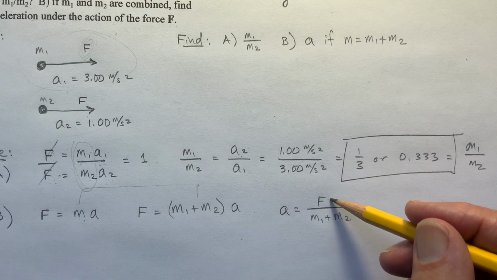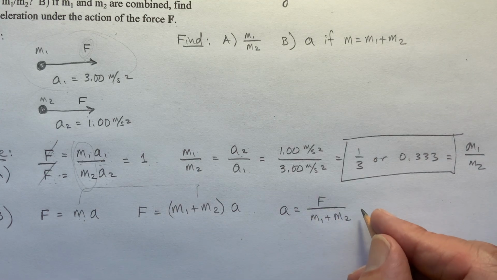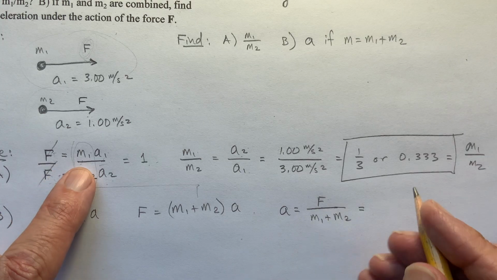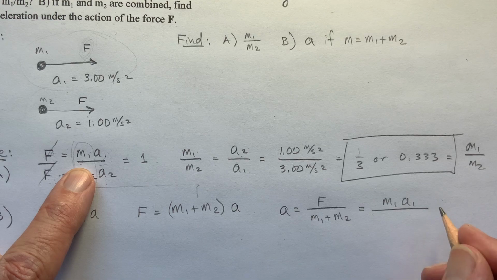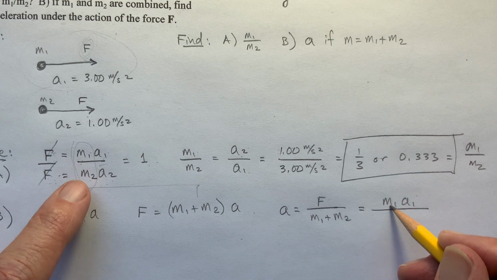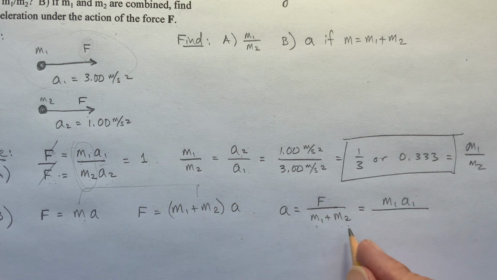Now, I'm going to need to do some substitutions here because I don't know what these things are. But what do I know about F? Well, I know that this force is equal to m1 a1, and I know what a1 is. Now, if I can get these both in terms of m1, I can plug it in here and cancel it out. But I do know that I can solve for m2.